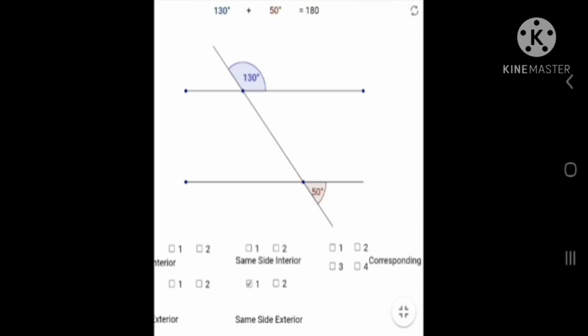The same thing with the exterior, 130 and 50 degrees and 130 and 50 degrees, they are always supplementary. So these are angles on the same side of the transversal in the exterior. This is interior and this is exterior. Hence, we have learned all about whatever the angles are possible whenever a transversal intersects two parallel lines.